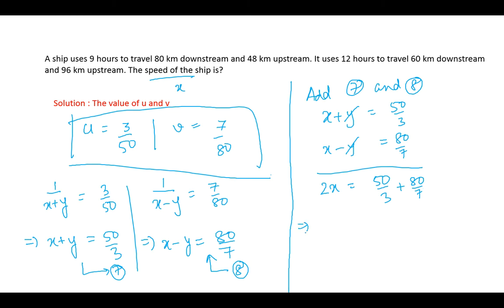If you simplify by making the denominator the same, the denominator will become 21. You will have 350 plus 240. This comes around to be 590 by 21. And therefore my x is equal to 590 by 42. This is in kilometers per hour.